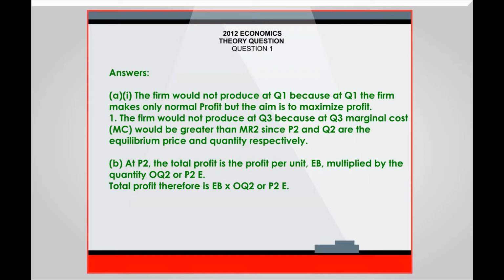At P2, the total profit is the profit per unit EB multiplied by the quantity OQ2 or P2E. Total profit therefore is EB times OQ2 or P2E.